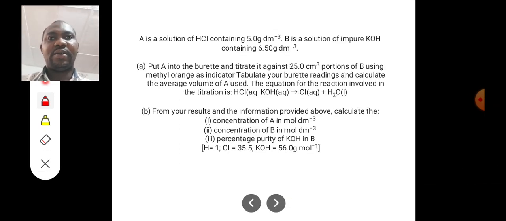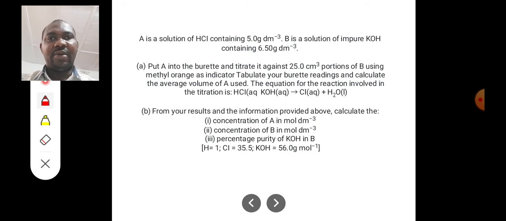Okay, we see a question here. A is a solution of HCl containing 5.0 gram per dm cube. B is a solution of impure potassium hydroxide containing 6.5 grams per dm cube.